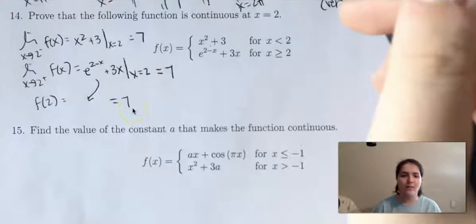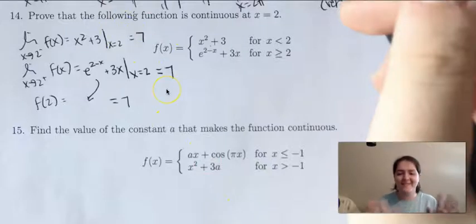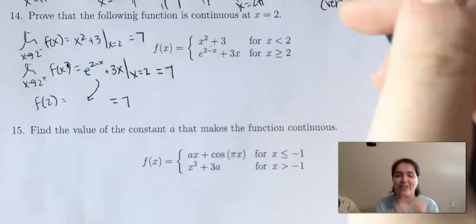And if you remember at the beginning of our video, the left and the right side have to equal each other for the limit to equal the function. So our left and our right sides are equal, which is good. That means that the limit exists, and the function equals the left and right limits. Okay, I'll try to explain clearly. The left and the right limits equal each other, which means that the limit as x approaches 2 exists.